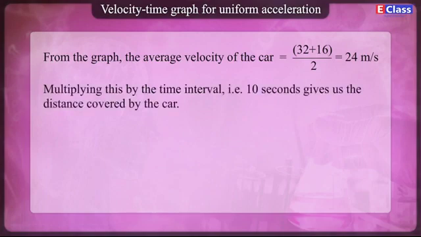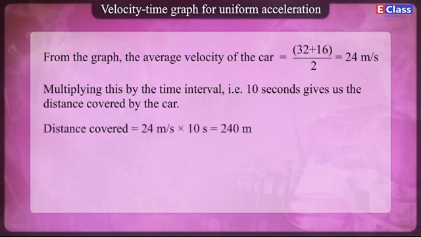Multiplying this by the time interval, that is 10 seconds, gives us the distance covered by the car. Distance covered is equal to 24 meters per second multiplied by 10 seconds, which is equal to 240 meters.